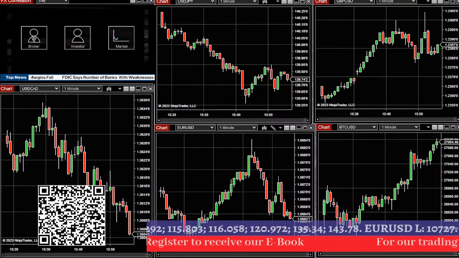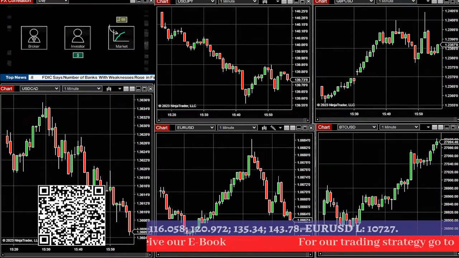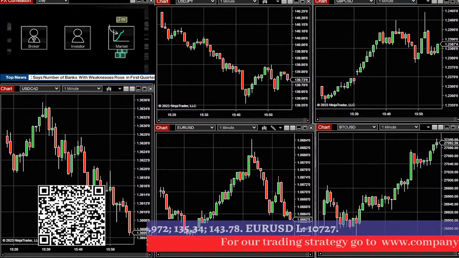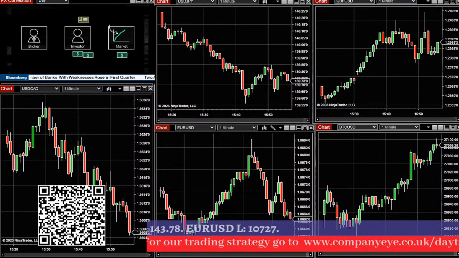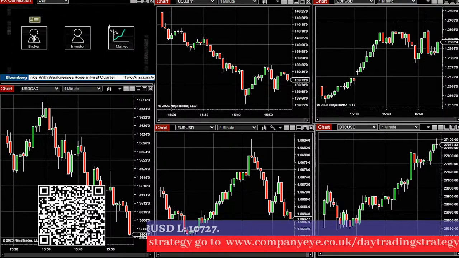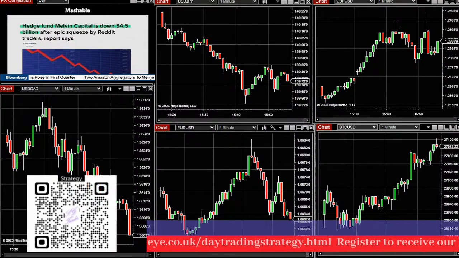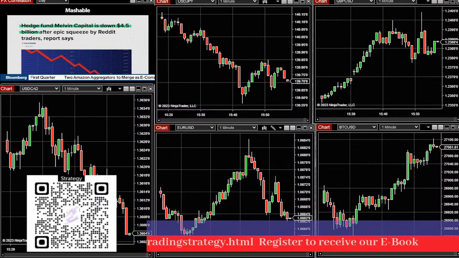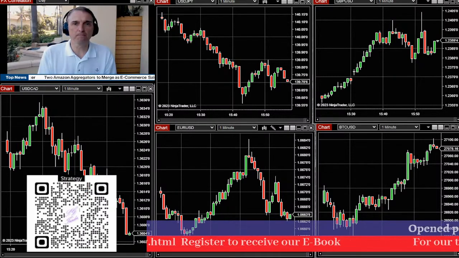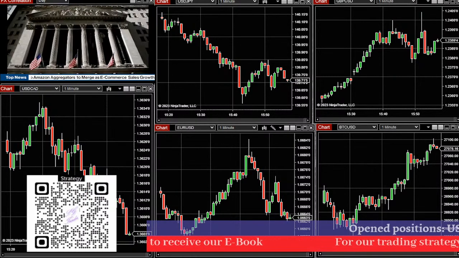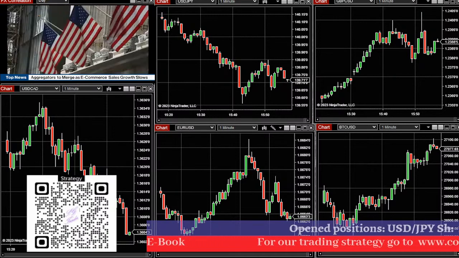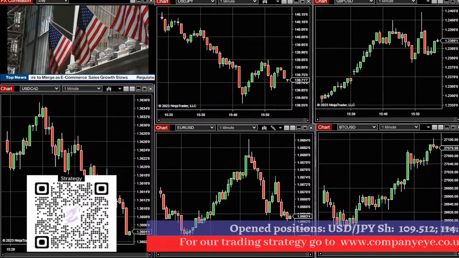The problem is, if the stock price rises, the short seller has to come up with the money to buy the stock back. And the more it rises, the more it costs. And that's what's called a short squeeze. And the hedge fund Melvin Capital was on the wrong end of that squeeze. Melvin Capital lost over 50% of its money in the month of January alone, just from being caught in the short squeeze of the stock. This is where the disruption comes in.